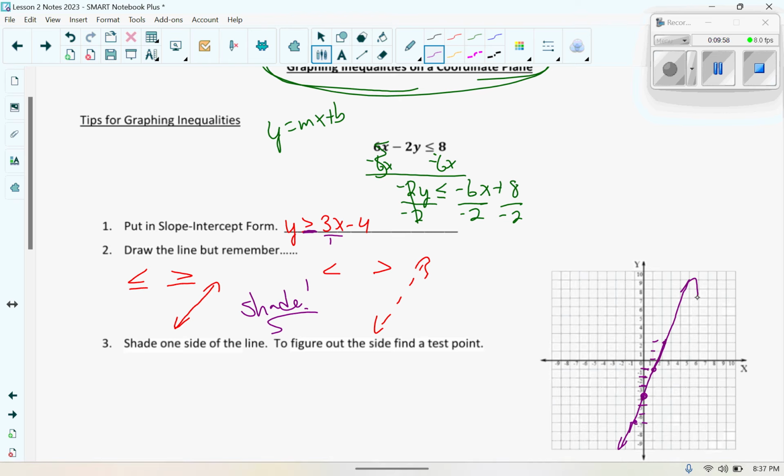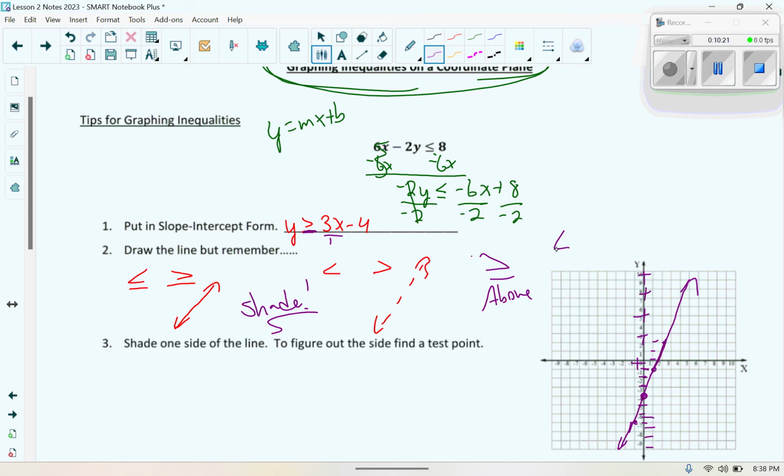Okay, now think about this. If you can train your brain to see, all of these are above the line because my y is bigger. This is all below the line because the y is smaller. So if it's greater than or equal to, or just greater than, we're going to shade above the line.